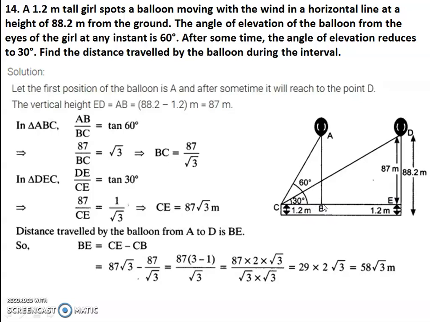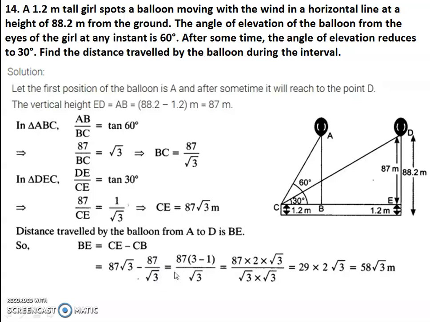How will you get BE? It is CE minus BC, isn't it? Now, you got both the values. 87 root 3 minus 87 by root 3.